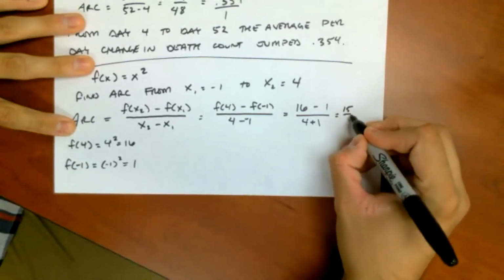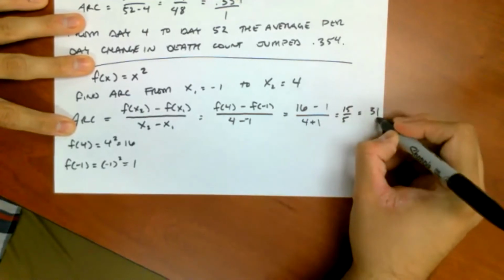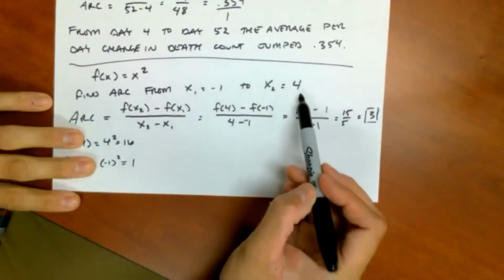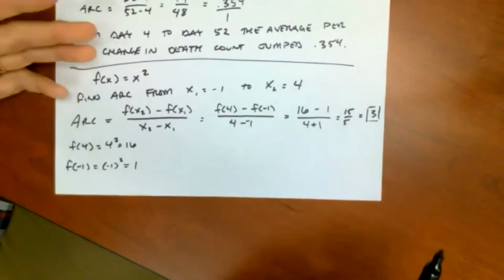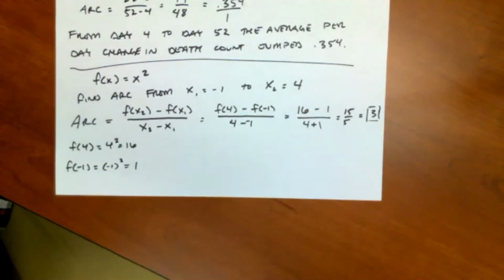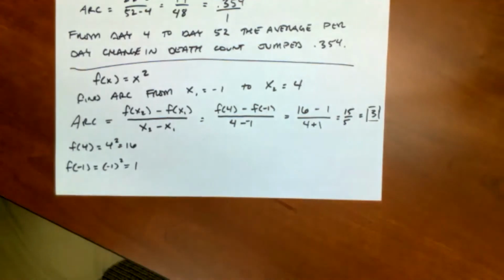So we get 15 over 5, so we wind up with 3. Okay? So the average rate of change from -1 to +4 is 3. That's how you say it. Now for the book and for this question, you just box in 3 and you would be done.